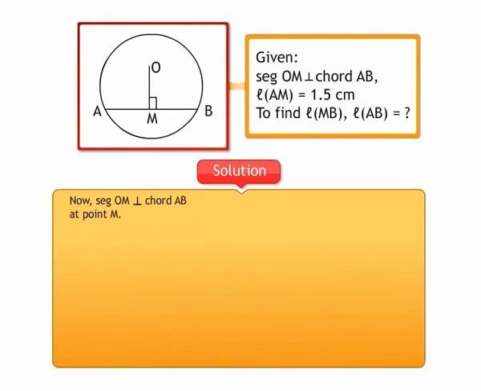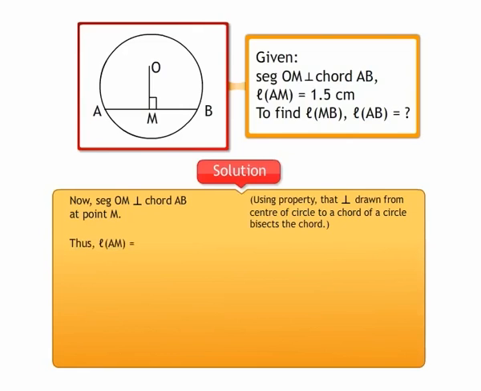Thus, by using the property that the perpendicular drawn from the center of a circle to a chord of the circle bisects the chord, we can say length of segment AM is equal to 1.5 centimeters. Therefore, length of segment MB is also 1.5 centimeters.